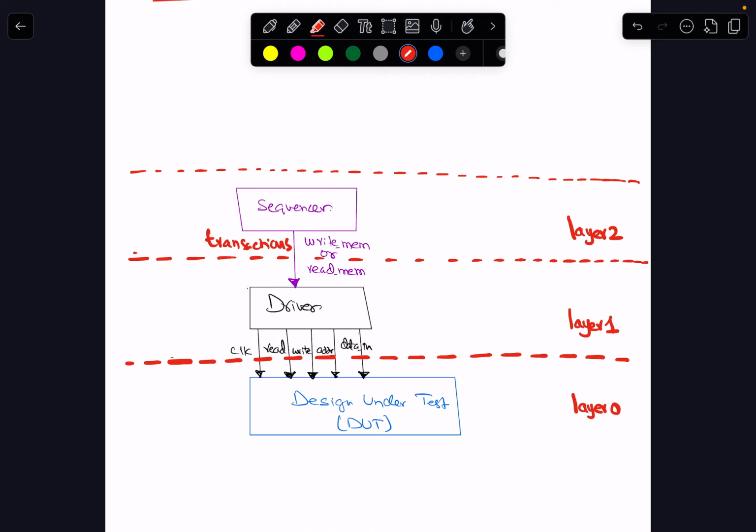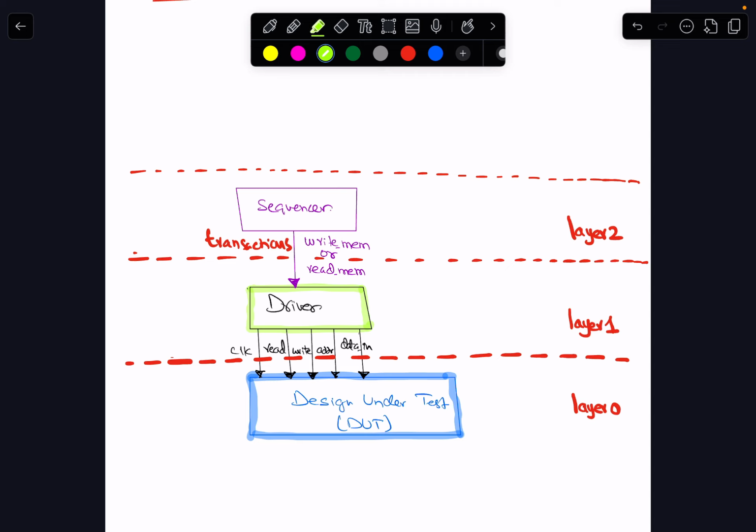Let's say you have this design under test over here in layer 0, and then you have a driver. This is what we have been doing so far in your test bench. You have been using the driver to actually drive the DUT, generating different clock, read and write signals for doing the transaction.